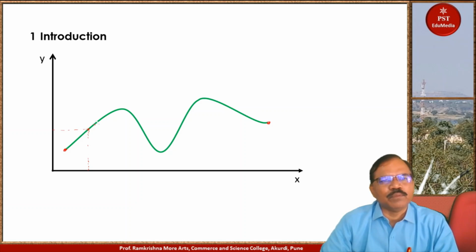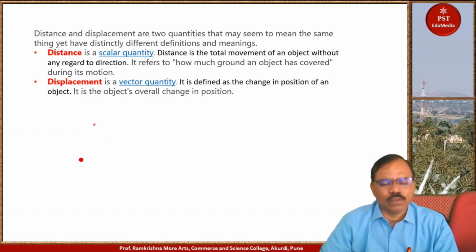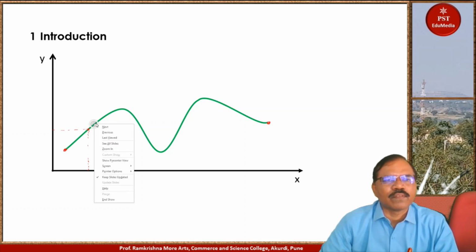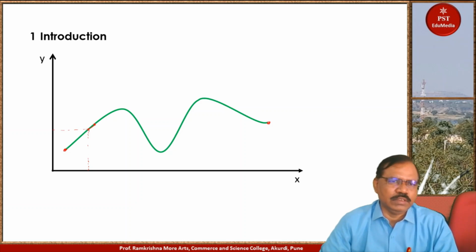So that velocity is expressed in terms of a vector quantity. If we take another position, the body goes from this position to this position. So there is displacement from the first position to the second position. That displacement is also a vector quantity because it has direction.